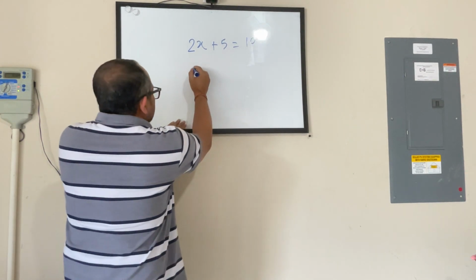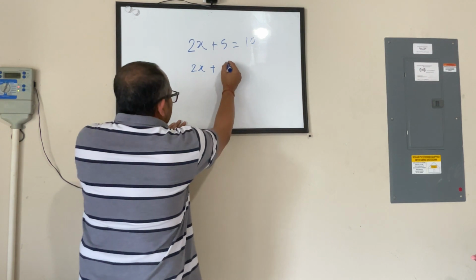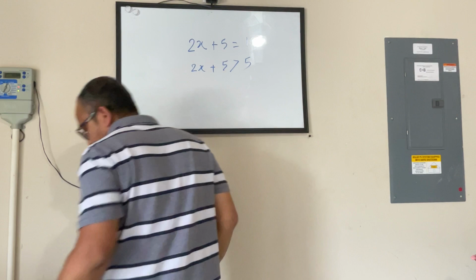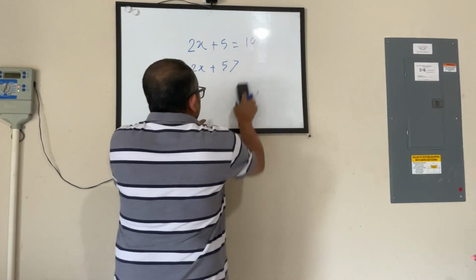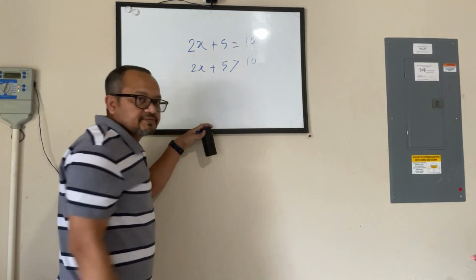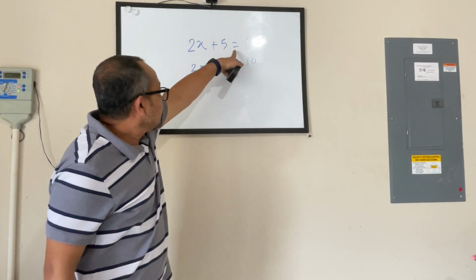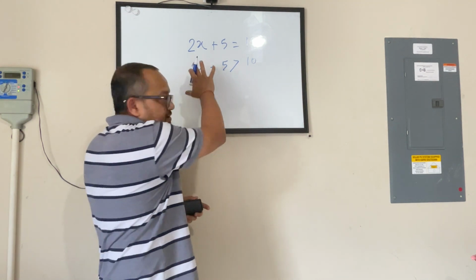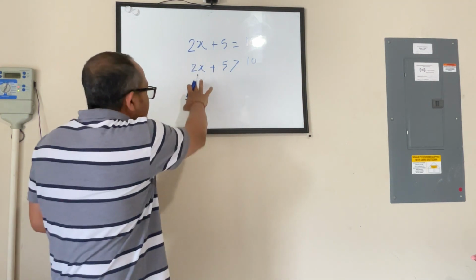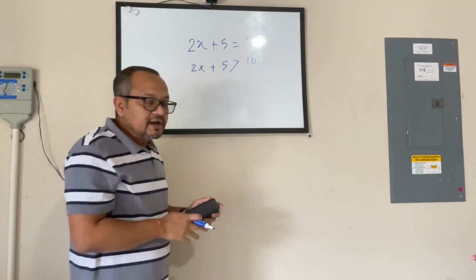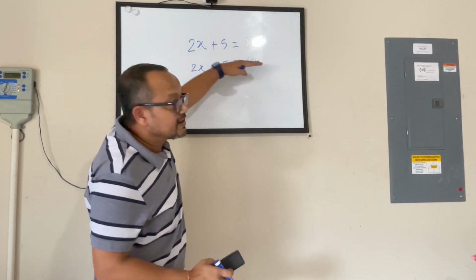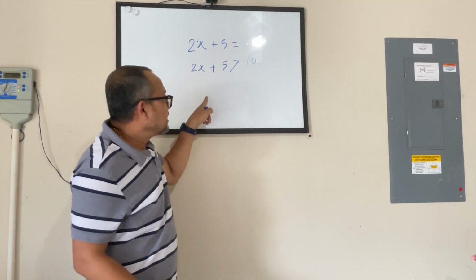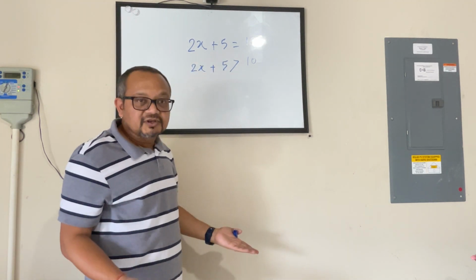Look at these two. Here it says equal to 10, meaning I will solve it and find the exact value of x. Here in this case, it says this part is greater than 10, so whatever possible value of the left hand side is greater than 10 are the possible answers.